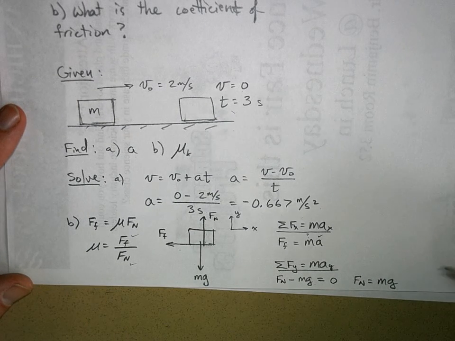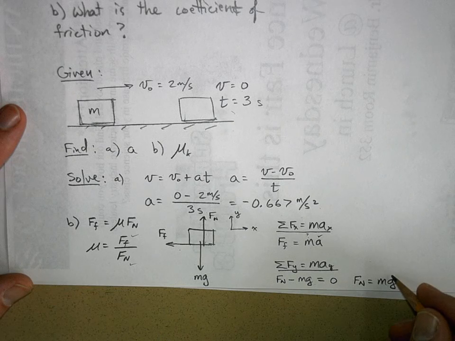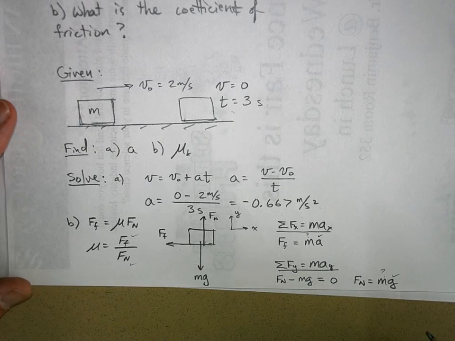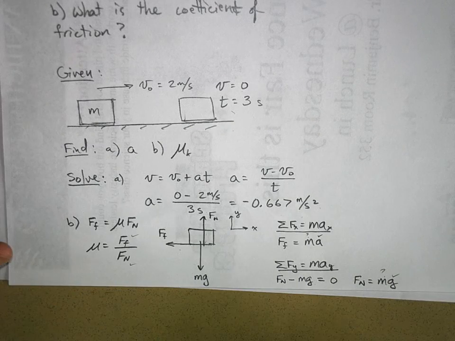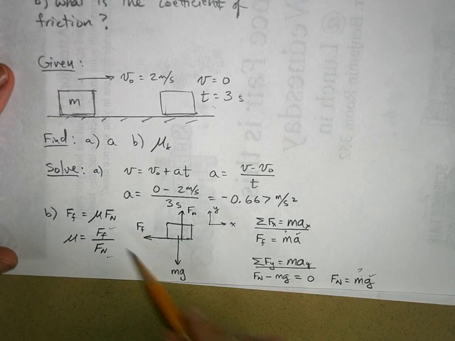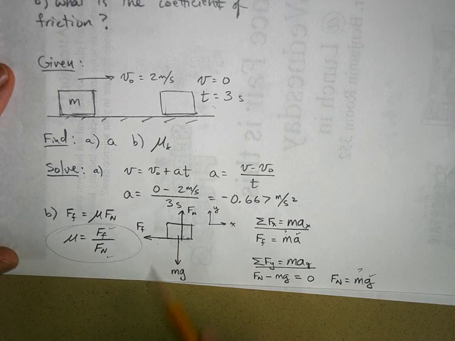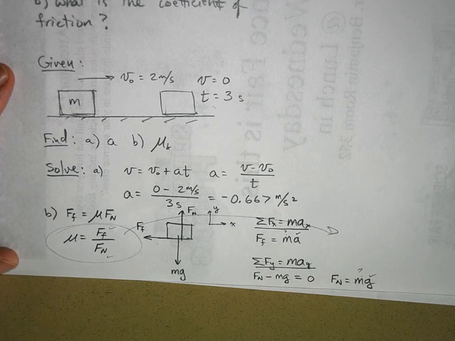Now I think, wait a minute, I know what g is, but I don't know what m is. Is that a problem? Not really, because let's go back to this now. What I'm trying to find is mu, so let's plug in our expressions now for the force of friction and the normal force.